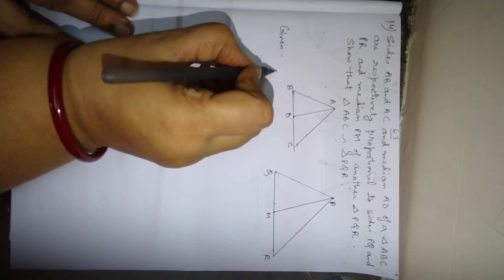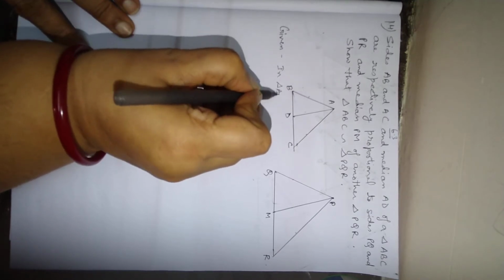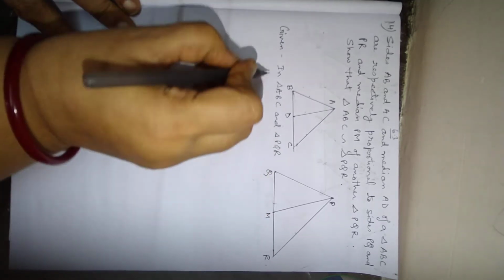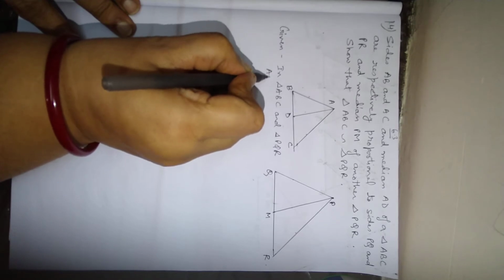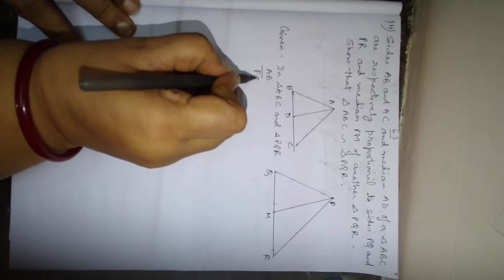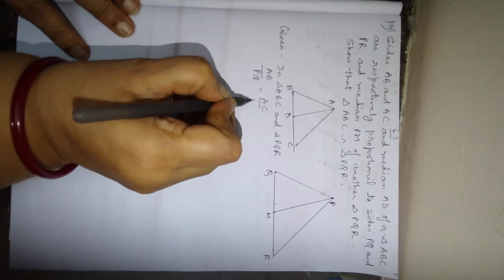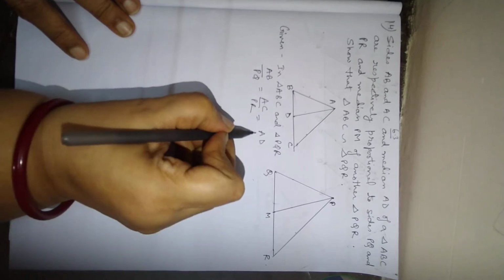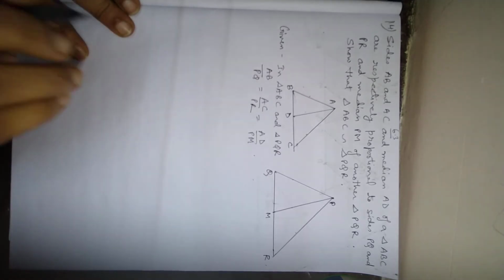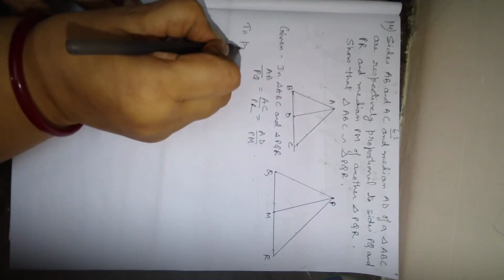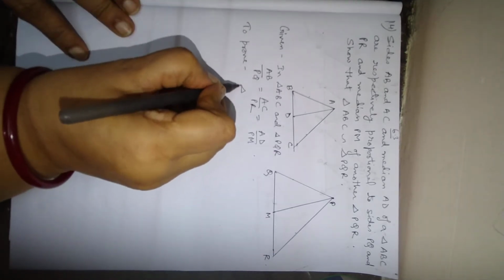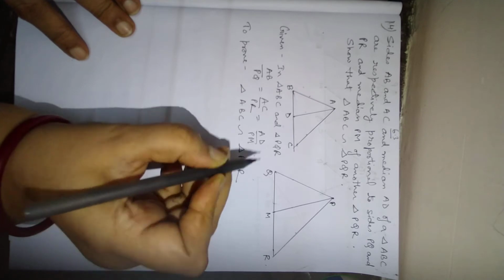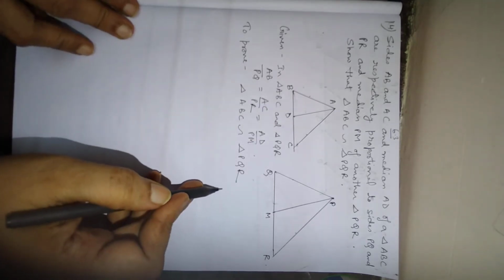So in triangle ABC and triangle PQR, given is AB upon PQ equals AC upon PR equals AD upon PM. This is given. To prove is triangle ABC similar to triangle PQR. These two triangles we have to show similar.